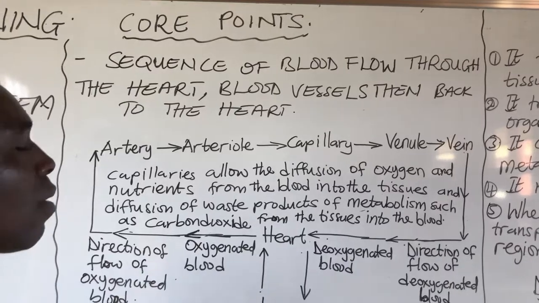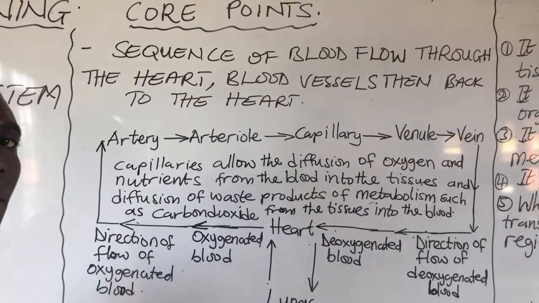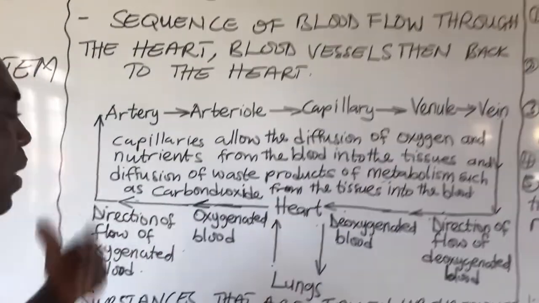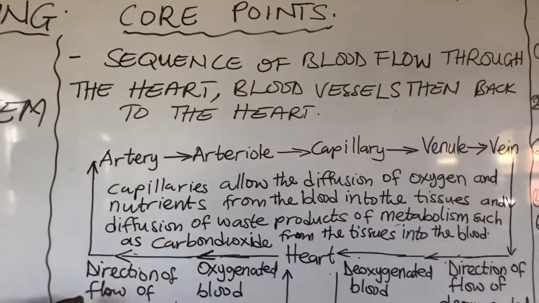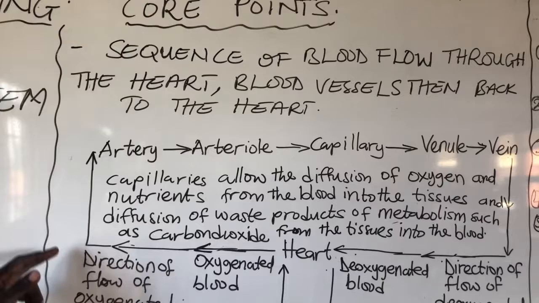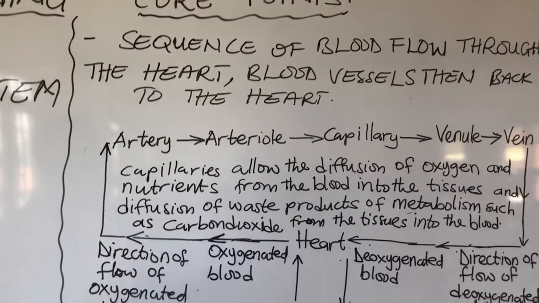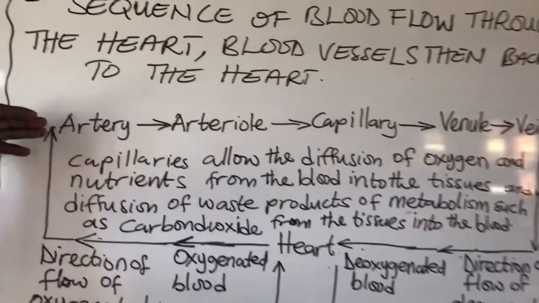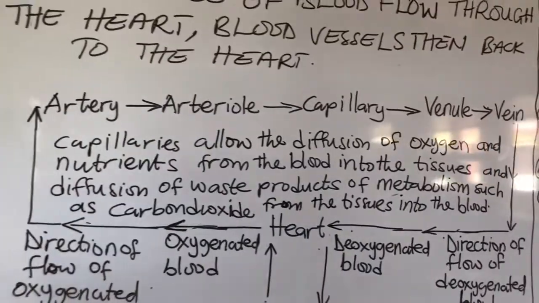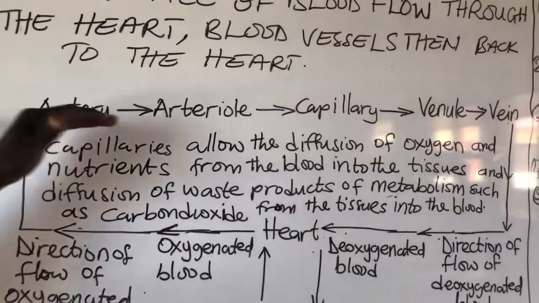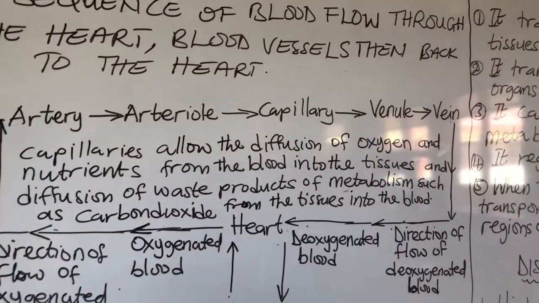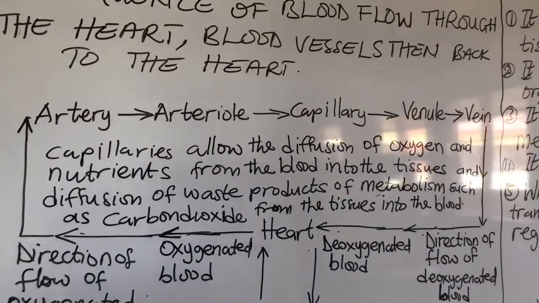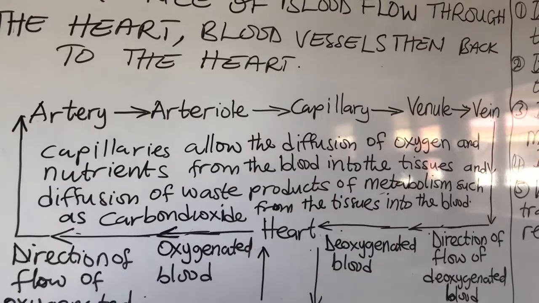And this is the direction of flow of oxygenated blood, that is blood containing oxygen. It moves here through the artery, the tubes. Then it flows into the arteriole, that is the tiny tubes of the artery.